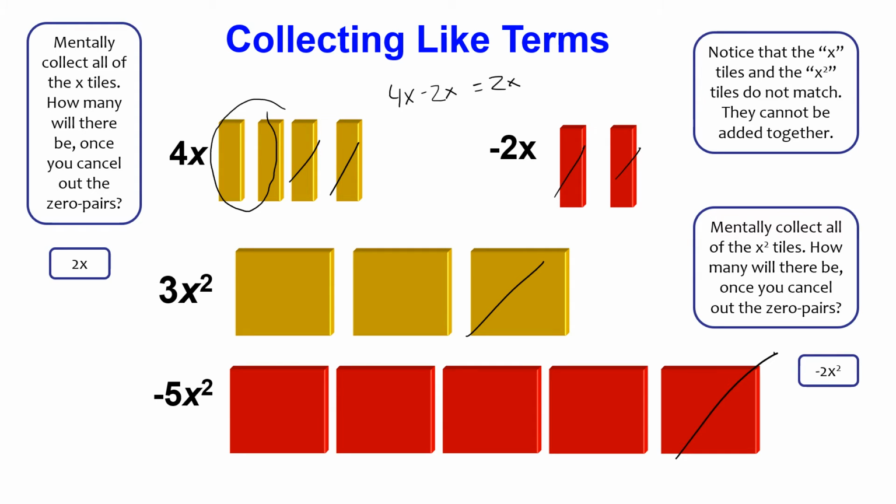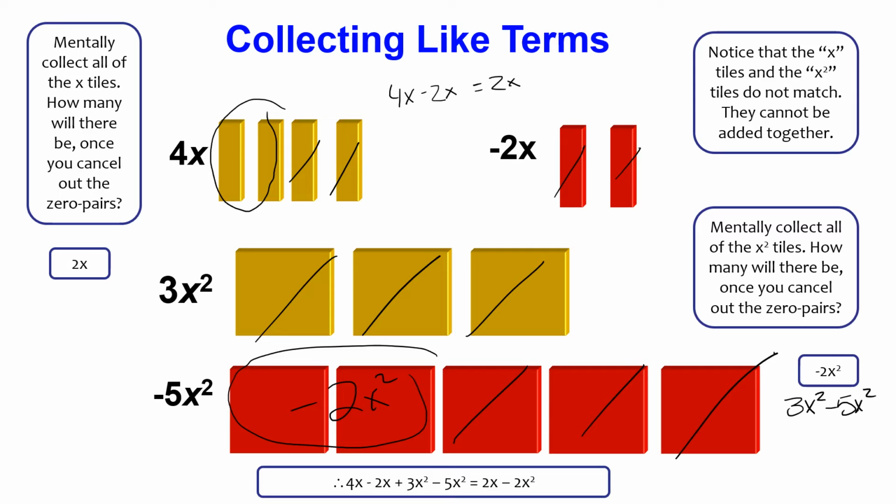You got negative 2x squared left because 3x squared, subtract 5x squared. So I take out the 0 pairs, I'm left with the red. That means there's going to be negative 2x squareds left there.